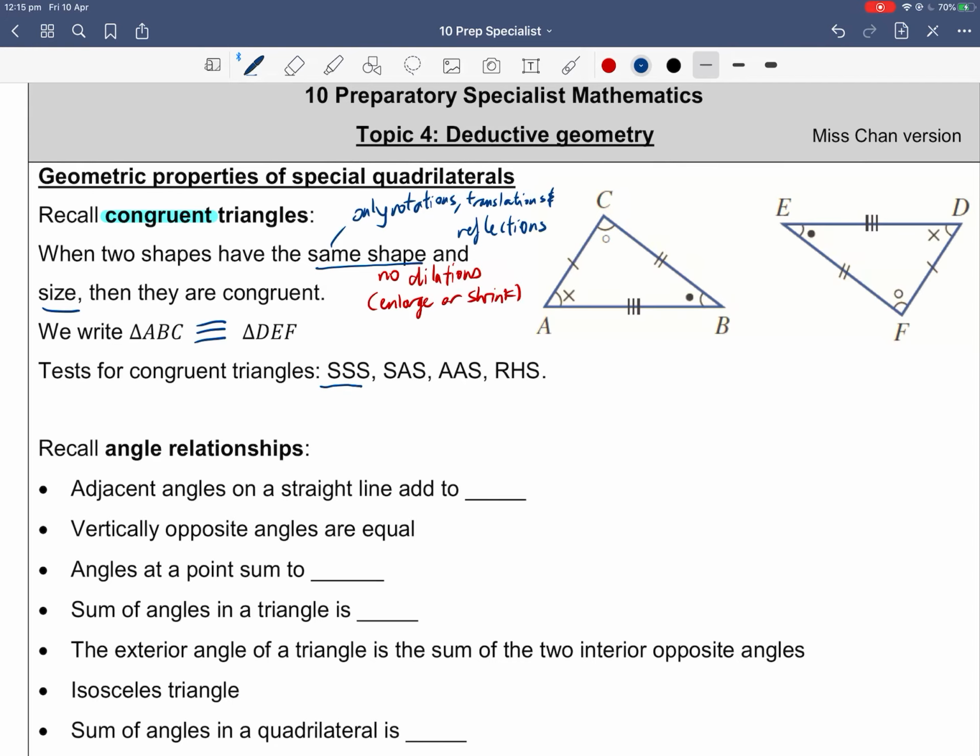Or if you can show that the 2 sides and 1 angle is the same, or 2 angles and 1 side, or you show that there is a right angle for both triangles, H for hypotenuse, so that the hypotenuse of both triangles are the same, and then S stands for one side is the same for both triangles. So there's 4 ways to test for congruent triangles.